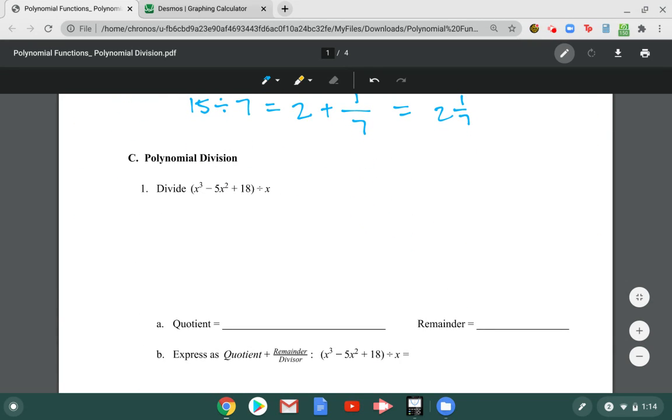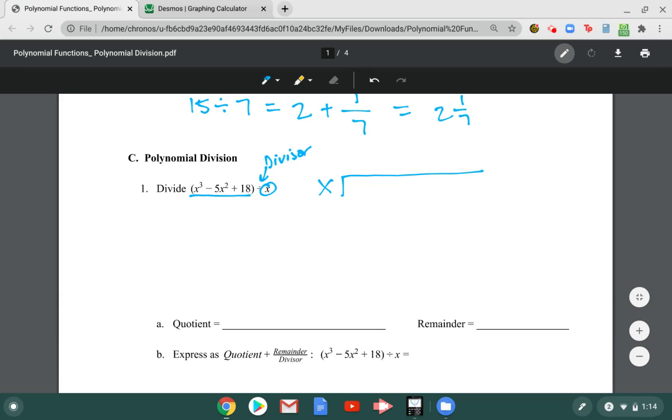Okay, so let's go ahead and move on into a division with polynomials. So in this case, we're dividing it by x. I'm going to write my long division, x into, so x is my divisor, x into, and I want to make sure I've got a placeholder for each of my terms.